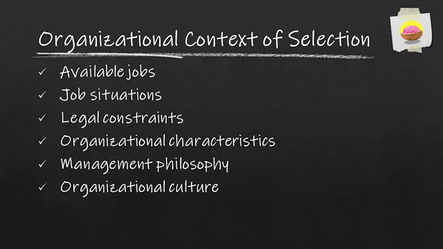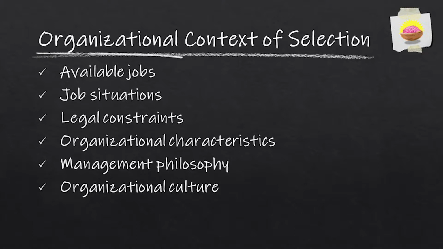The organizational context of hiring looks at what jobs are available, what the job situations are, what legal constraints are in place, organizational characteristics, management philosophy, and the organizational culture. In other words, all the aspects of the organization, both internal and external, something we've discussed before, that come together and culminate into a selection environment, if you will.